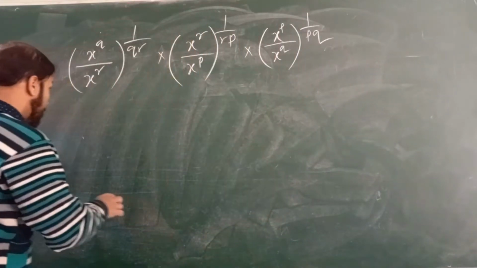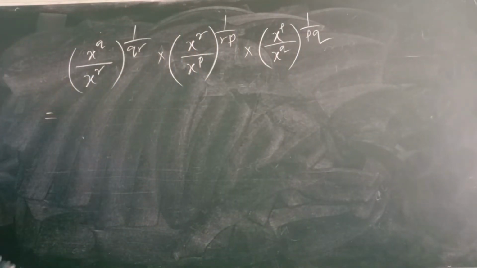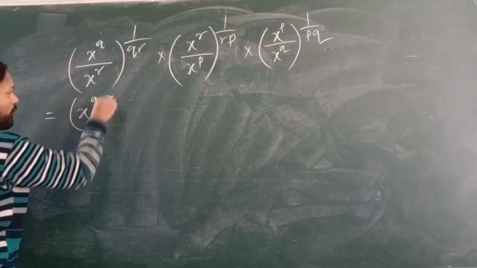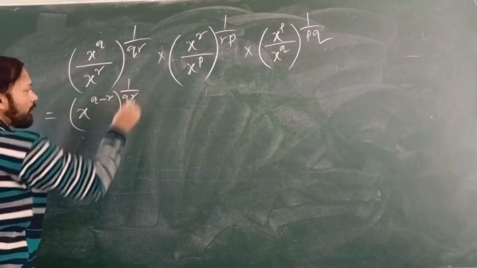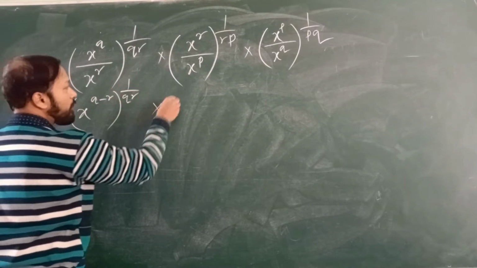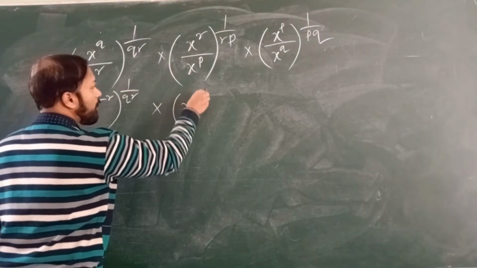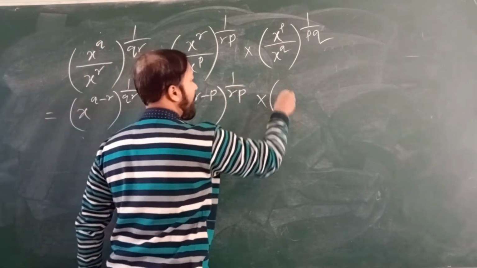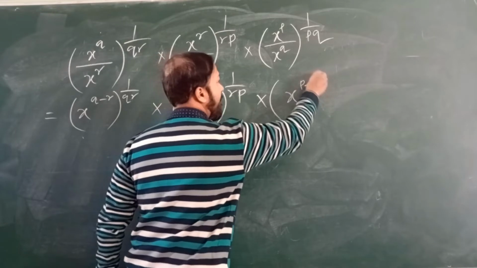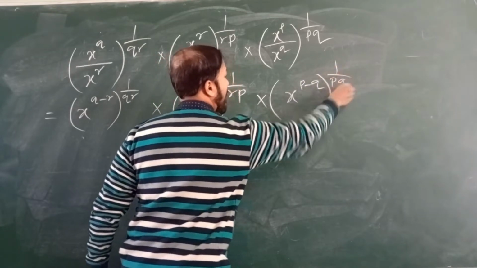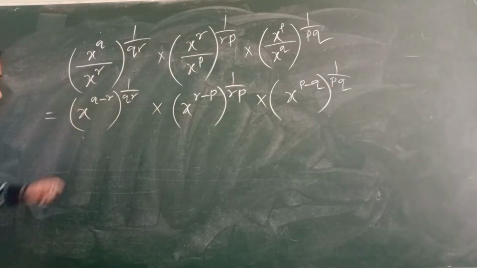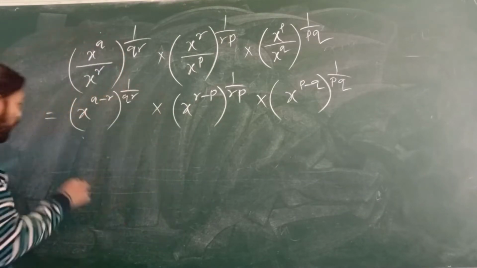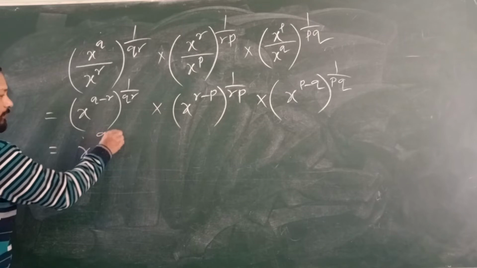See how. First of all, this is x to the power q minus r. Now, power multiplies, we know that power multiplies.